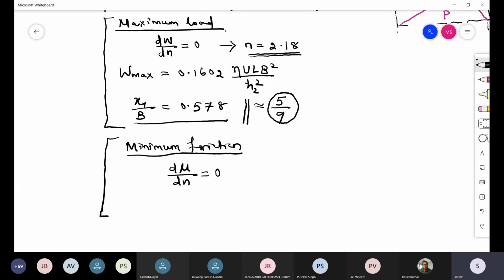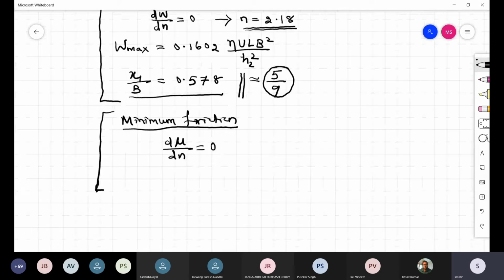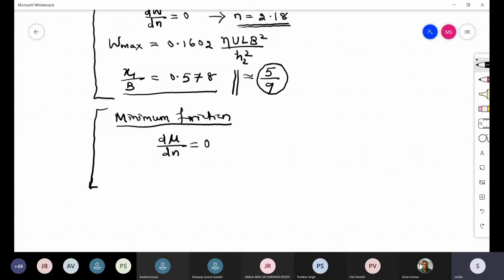Now part of your assignment and homework, I suggest you to maintain a new A5 small notebook. Okay, A5 notebook, new, and go on doing all the assignment or homework, whatever I am asking. This is the first one I asked.